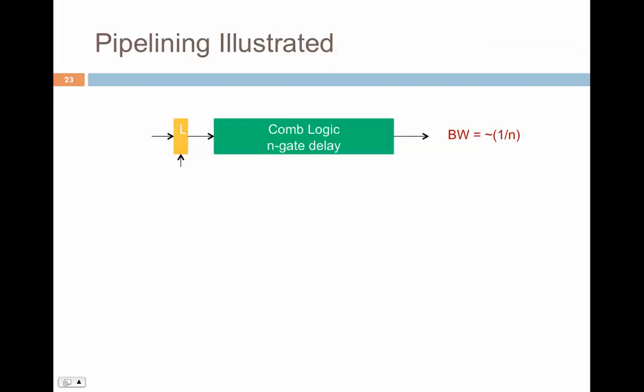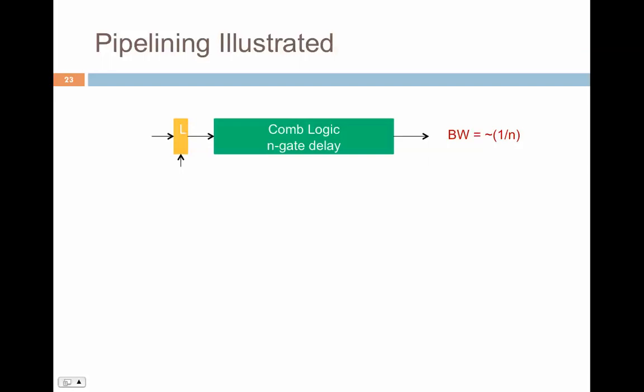When the clock is applied, the signal is available for the combinational logic. It goes through n gate delays and the output is available. The bandwidth of this system is approximately 1 by n, where n is the number of gate delays. Obviously it depends on the duration of the gate delay and so on, but if there are n gate delays, we can say the bandwidth is approximately 1 by n.